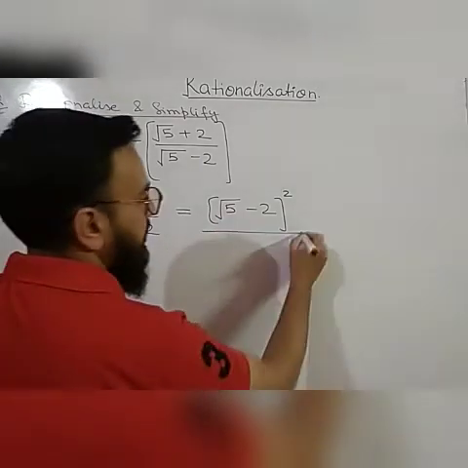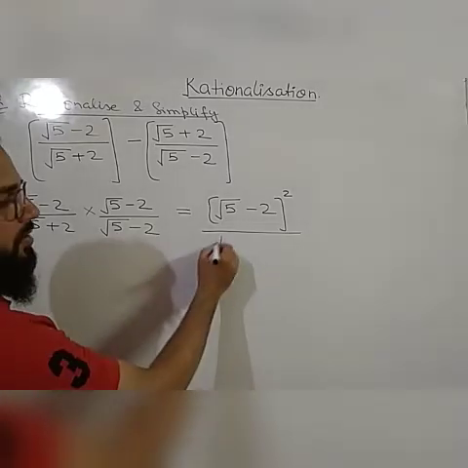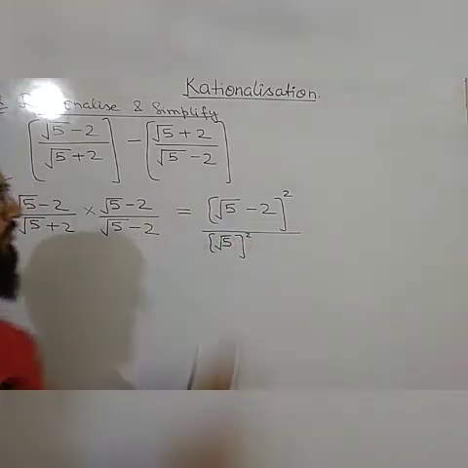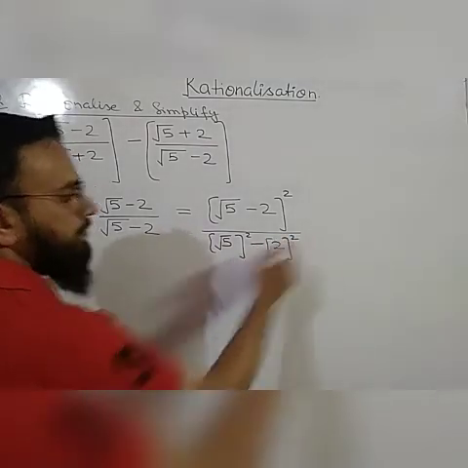In the denominator, a plus b and a minus b gives the identity a square minus b square, that is root 5 whole square minus 2 whole square.